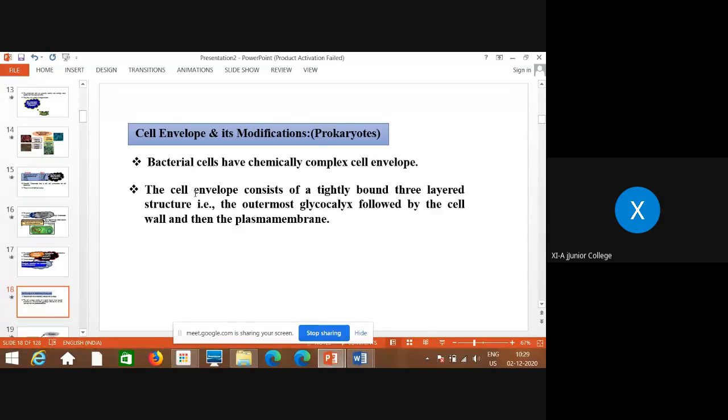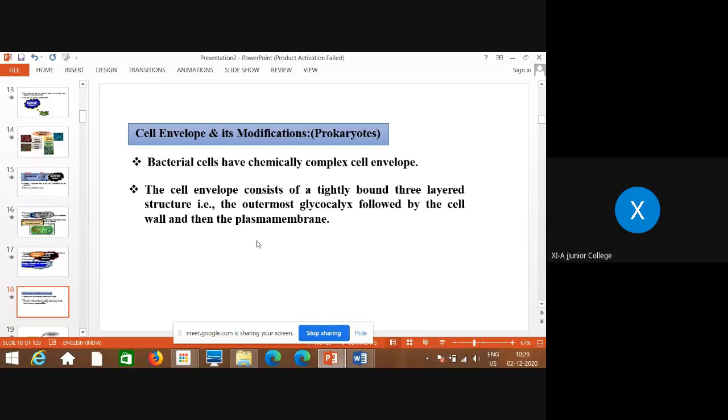So this is the cell envelope. In case of prokaryotes, the entire structure of the outermost layers is known as the cell envelope. Bacterial cells have a chemically complex cell envelope, which consists of a tightly bound three-layered structure: the outermost glycocalyx, followed by the cell wall, and then the plasma membrane.